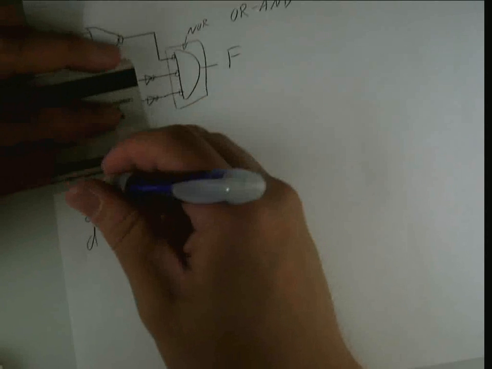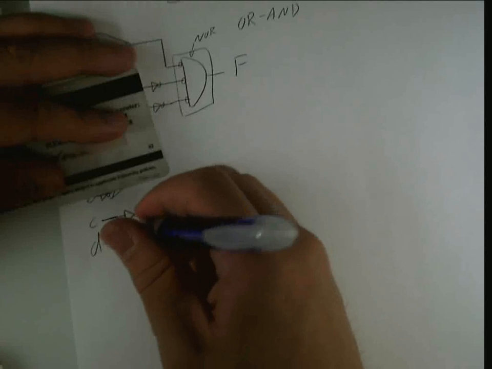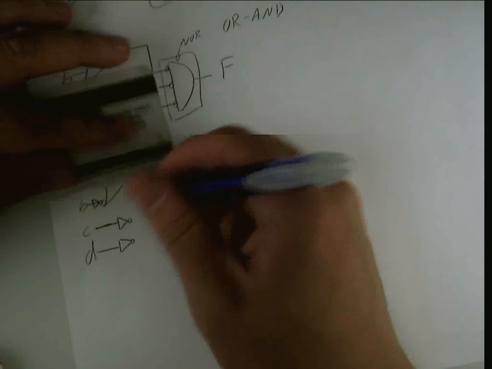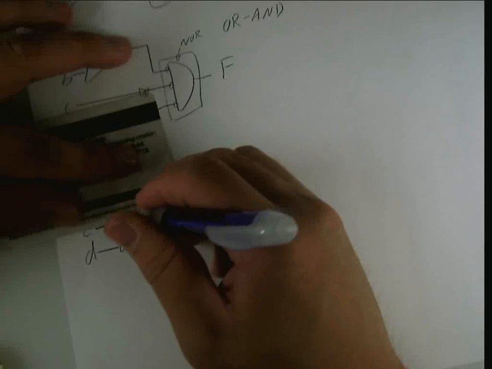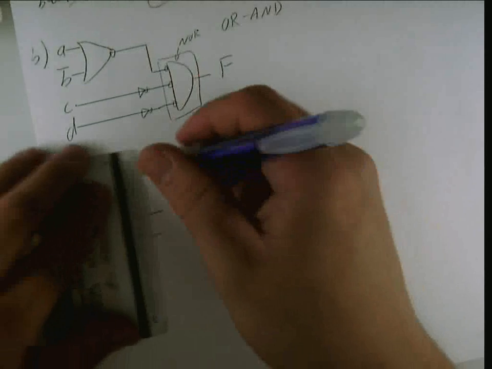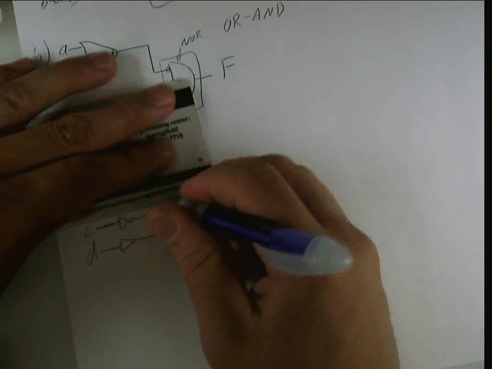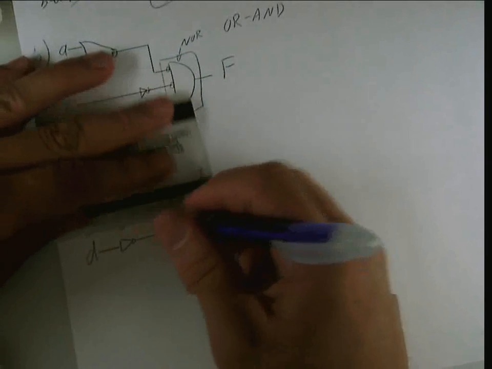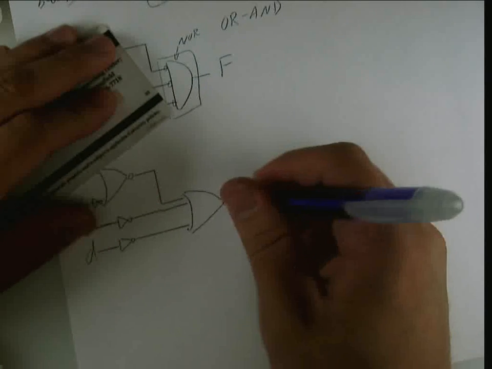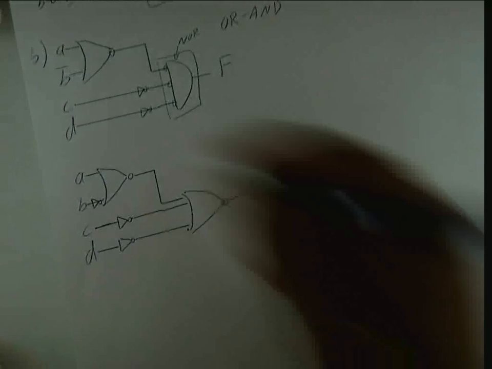Oh, shoot, sorry, need an inverter here for my B, D going into an inverter, and then all of these are going to feed into our new NOR gate up there. And that solves for F. So this is our two-level NOR circuit.